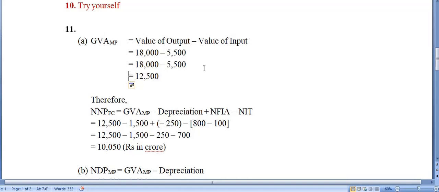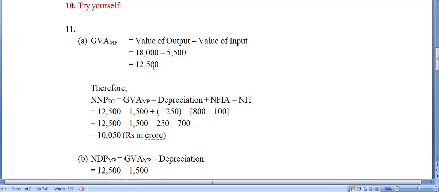The value of output is 18,000 and the value of input is 5,500. So you just subtract this. So you will get 12,500 as GVA MP.